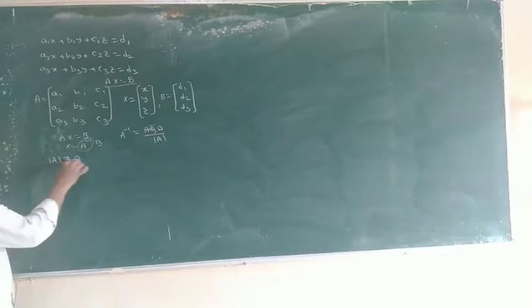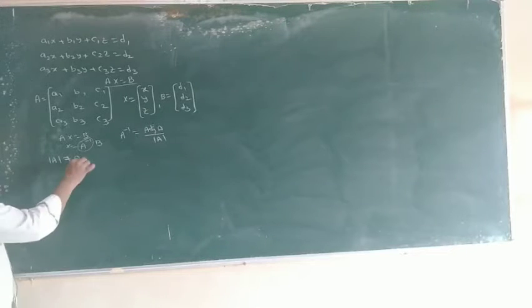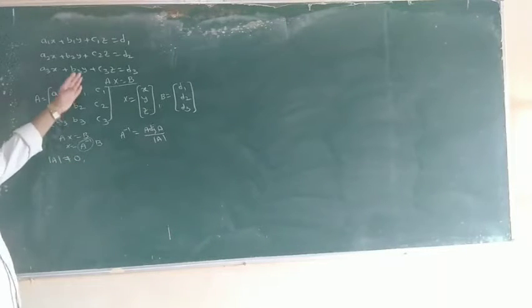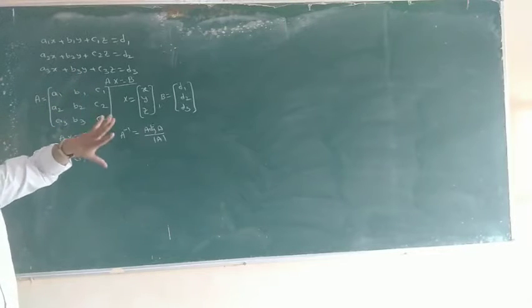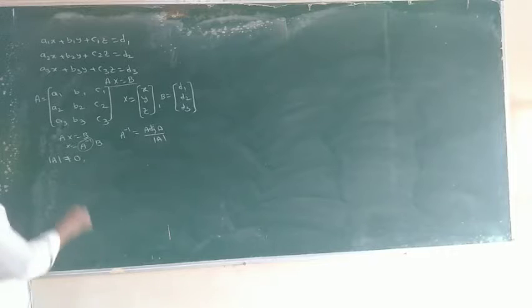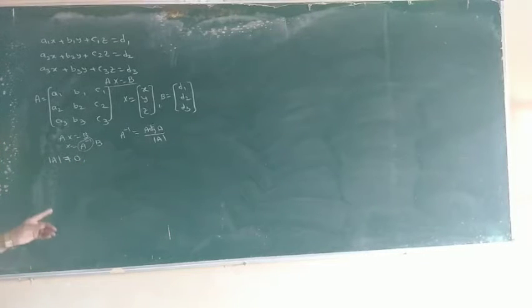After that, find the determinant of A. Determinant of A not equal to 0 means the system of linear equations is consistent with a unique solution. Very important point. If determinant of A is not equal to 0, then A inverse exists.